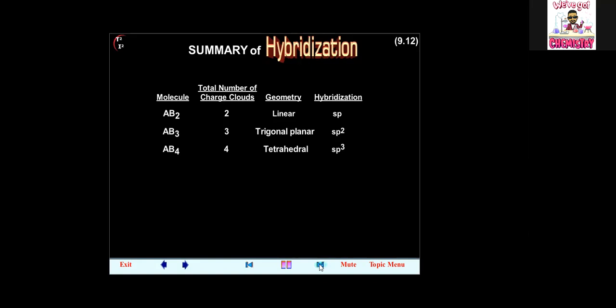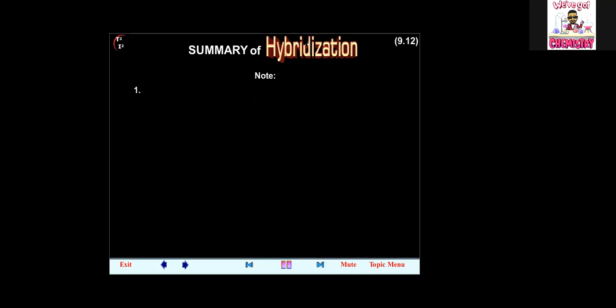Hybridization, sp3. Molecule AB5. Total number of charge clouds, 5. Geometry, trigonal bipyramidal. Hybridization, sp3d. Molecule AB6. Total number of charge clouds, 6. Geometry, octahedral. Hybridization, sp3d2.